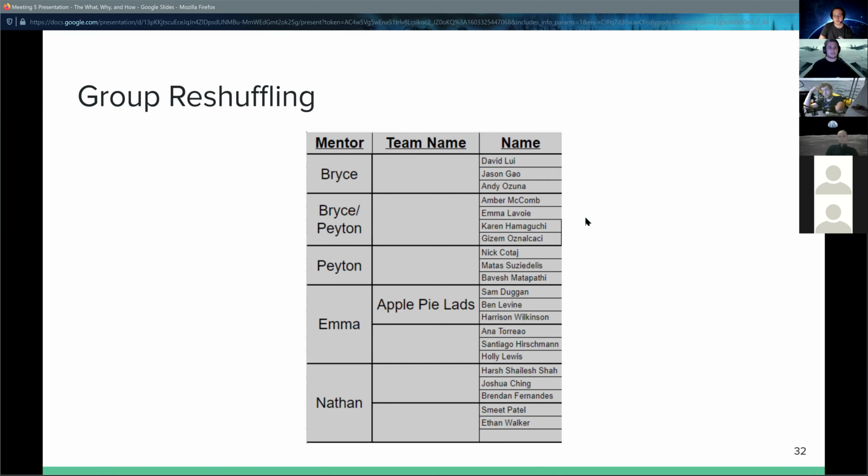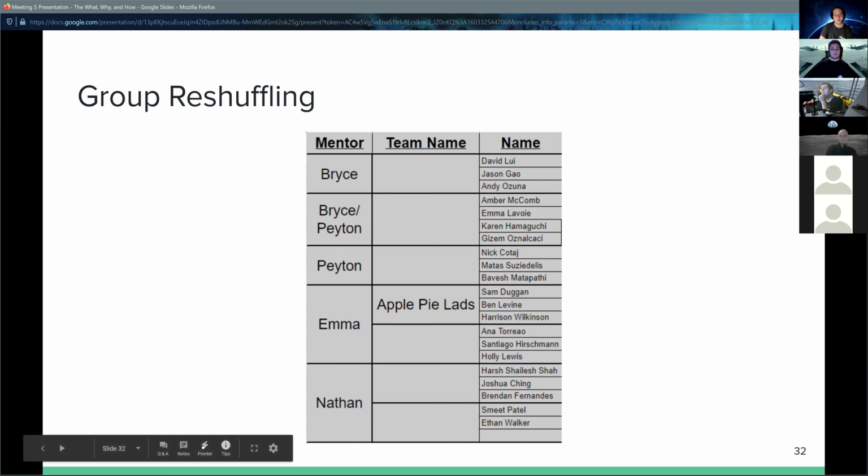In this case, the main difference is that there is now a group of 4 that was 2 groups of 2: Amber, Emma, Karen, and Gizem. You are together now, and you are sharing mentors. Both Bryce and Peyton will be helping you out. The exact logistics of that is something that you, the 2 mentors, and the 4 of you will figure out.